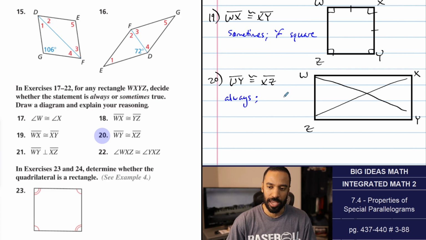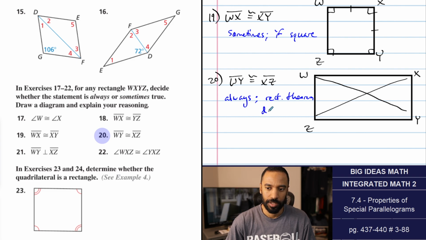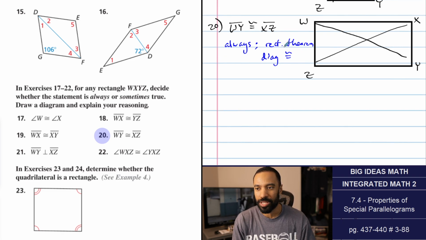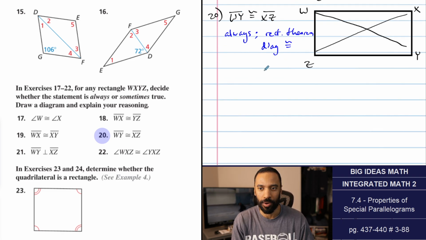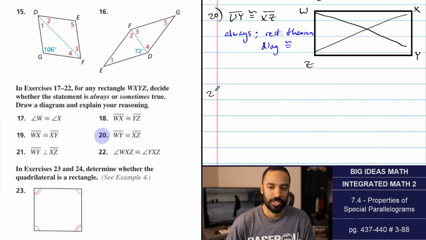Always. This is a rectangle theorem, that diagonals are always congruent. Again, sorry if the reasoning is not well stated or well written, but I hope I'm stating it well enough.